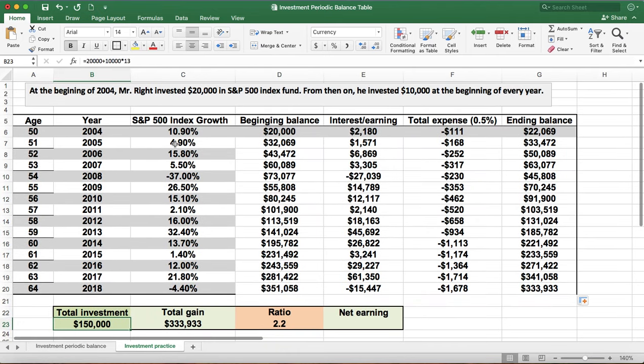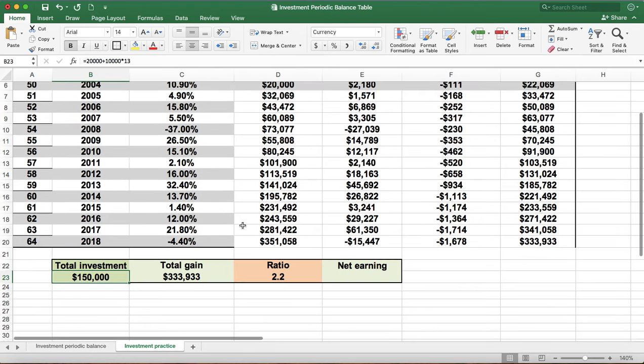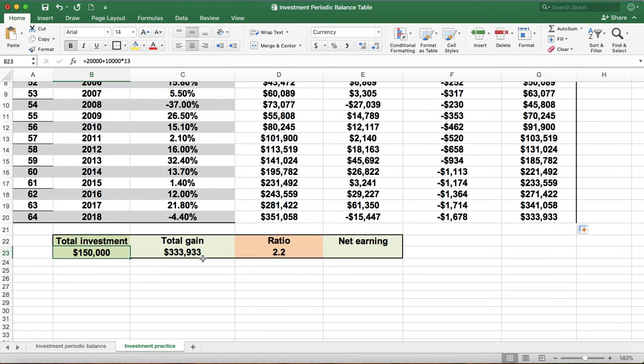Because from then on, the next year he invests 10,000 at the beginning of every year. So it is times 13, not times 14. And then the total gain is this value, and the ratio is 2.2.